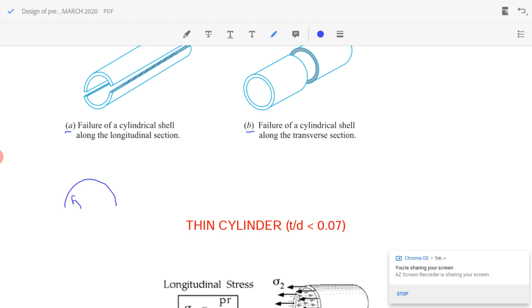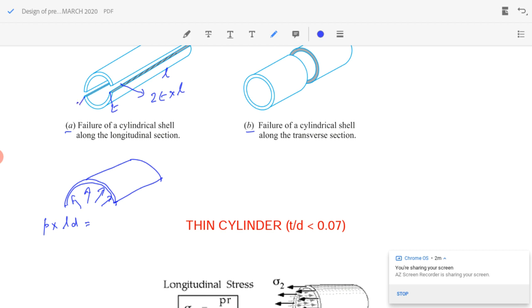The total pressure will be acting on the internal surface. So this is the figure. Pressure multiplied by the projected area L D is resisted by this shaded area. That shaded area will be 2T into L, where L denotes the length and T denotes the thickness.